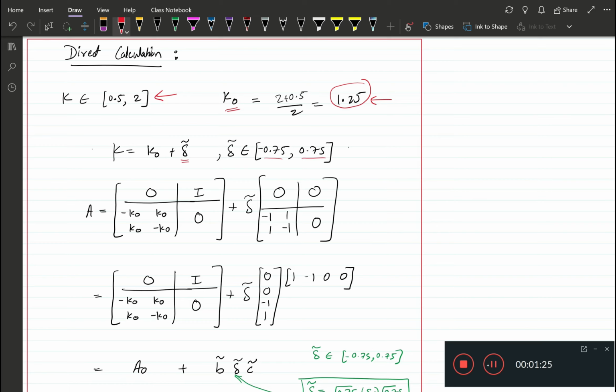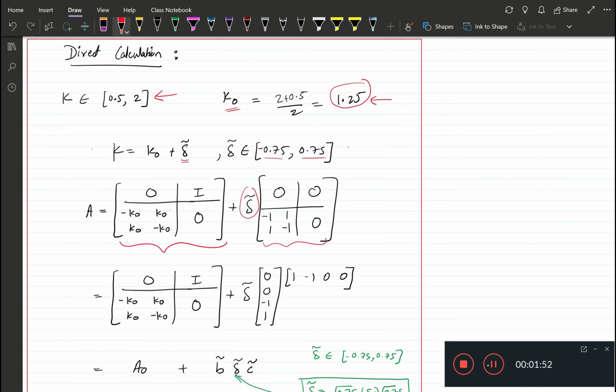So that covers the whole range. Now we can write the matrix A as a constant nominal matrix A0 plus delta tilde, which varies between minus 0.75 and plus 0.75, times this matrix here, which is minus 1, 1, 1, minus 1. So you can see we just add this delta tilde at these places.